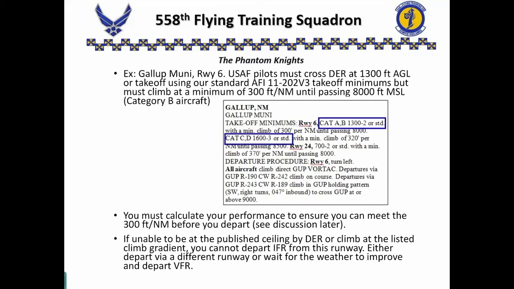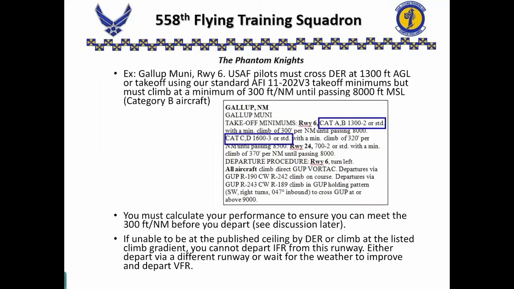It says, or standard takeoff minimums, as long as we have a minimum climb gradient of 300 foot per nautical mile until we get to 8,000 feet. So we would have to calculate our performance to make sure that we can do that climb gradient of 300 foot per nautical mile. And we'll talk about that at the end of these slides.